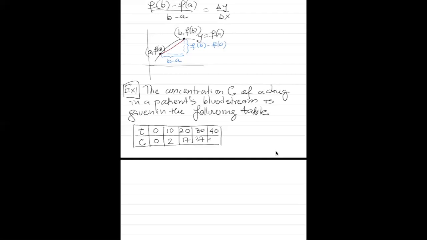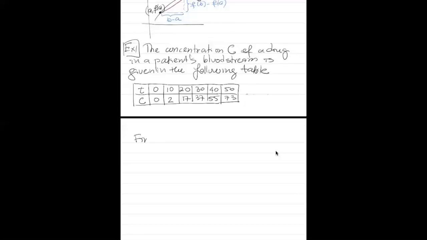Let's use this information to find the average rate of change of C over the following intervals. First, over the interval from 0 to 10, or in the first 10 minutes.